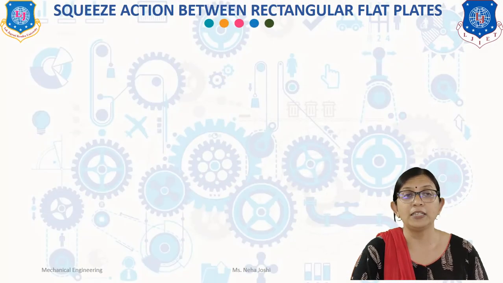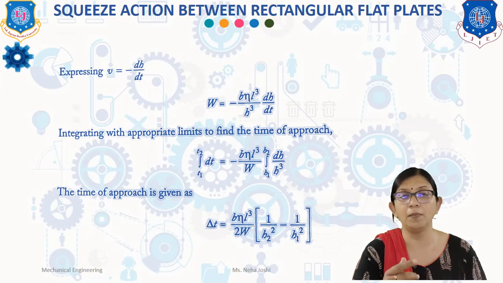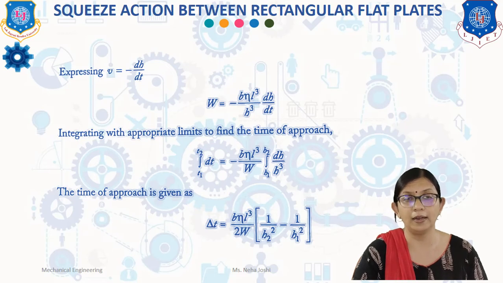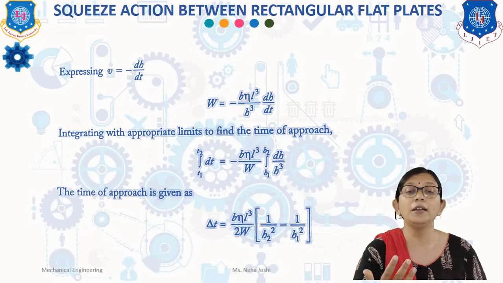Now expressing V is equal to minus dh by dt, by putting this value we get W is equal to minus B eta L cube divided by h cube into dh by dt. Now integrating with appropriate limits to find the time of approach, we get the integration from t1 to t2 of dt is equal to minus B eta L cube divided by W into the integration from h1 to h2 of dh by h cube.